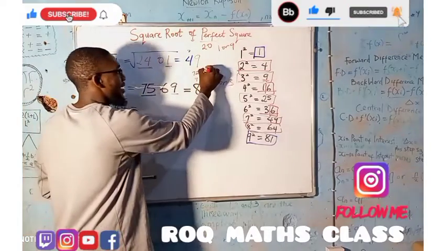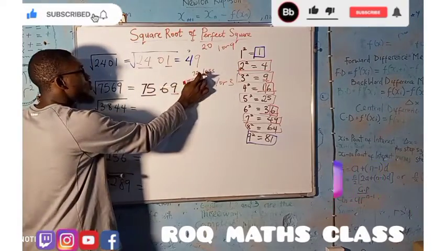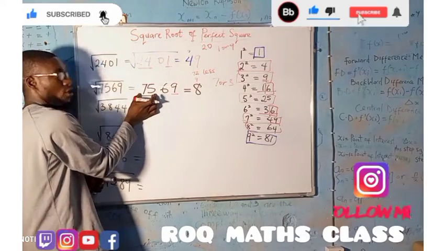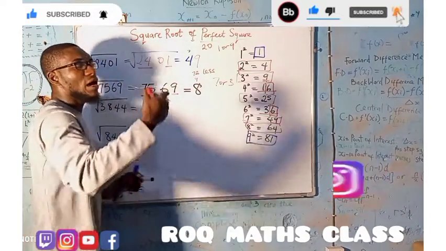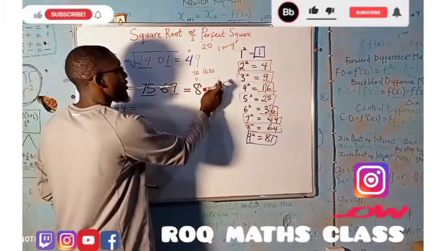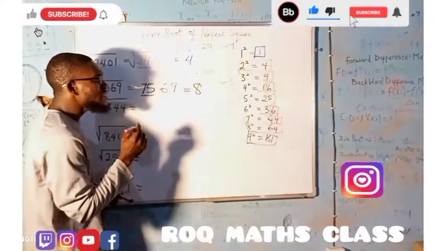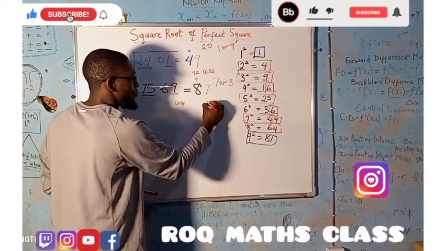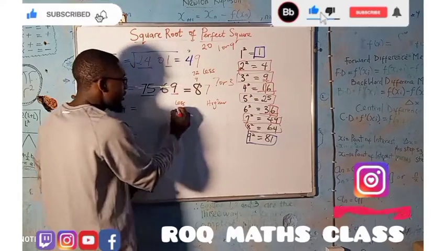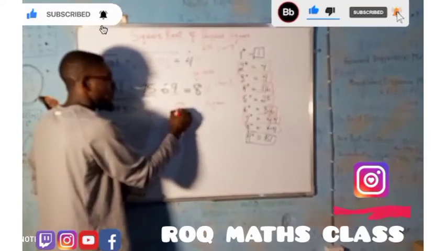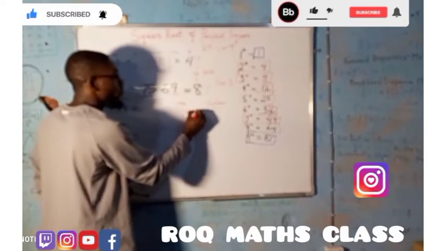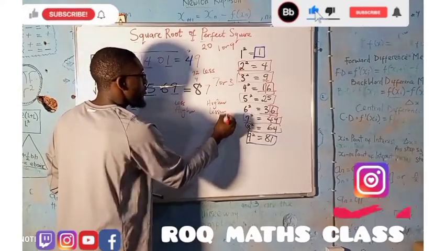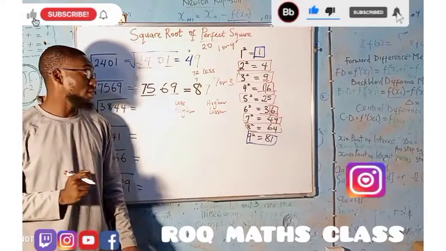No, it is less. Since 72 is less than the first two digits that we have here, we're going to go for the bigger number, which is 7. The method is that if it's less, we go for the higher number. If it's higher than the first two digits, we go for the lesser number. That's the logic in it.